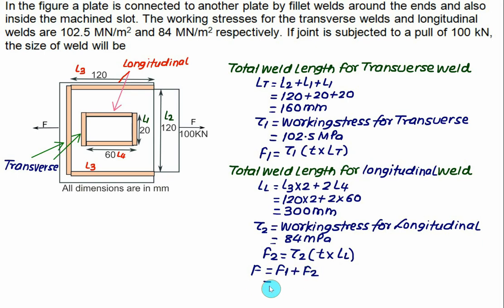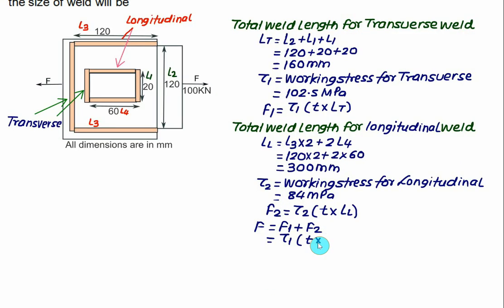That is equal to tau 1 multiplied by T, multiplied by the length required for transverse loading, LT, plus tau 2 multiplied by throat thickness T multiplied by the length required for longitudinal, that is LL.